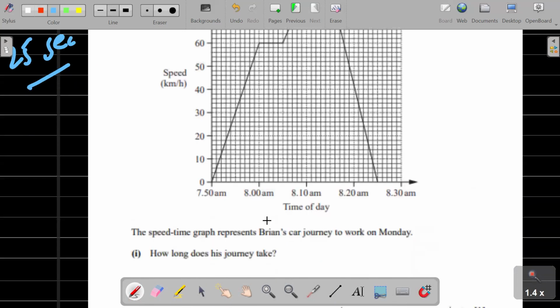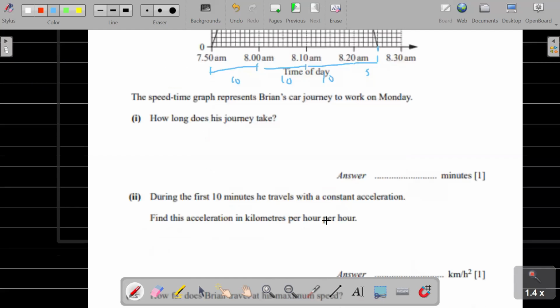This is basically 10 minutes, then 10, 10, and until here it is almost 7: 1, 2, 3, 4, 5, 6, 7. This is 5, so 5 minutes further. It's going to be 35. So here we will write 35 minutes.